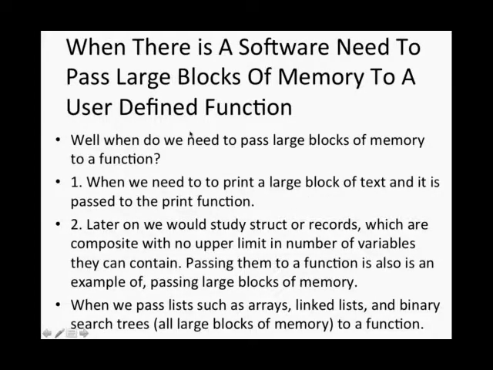Okay, the question you're going to ask me: when do we need to pass large blocks of memory to a function? Well, there are a couple of examples. When we need to print a large block of text and it is passed to the print function, let's say a printing press wants to print the Bible. Well, there would be a function print that will send it to the printer, and you could do it page by page, but software-wise, that's very inefficient.